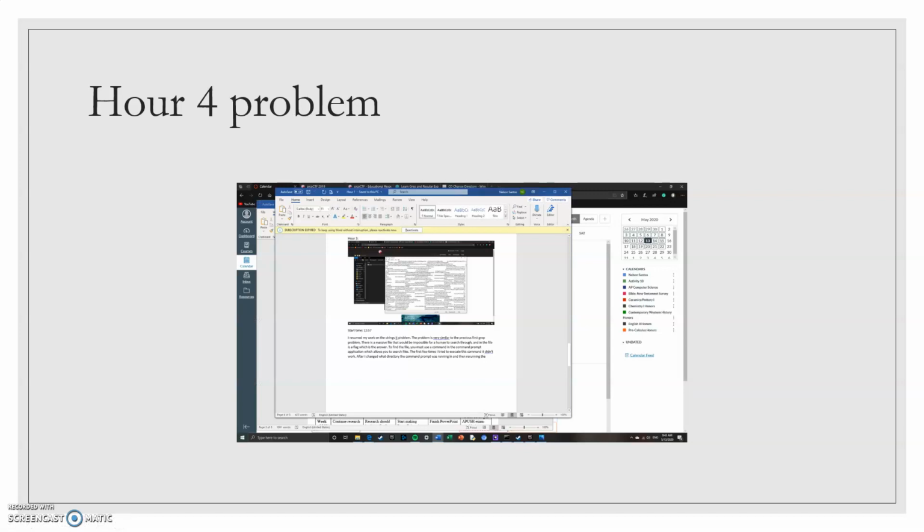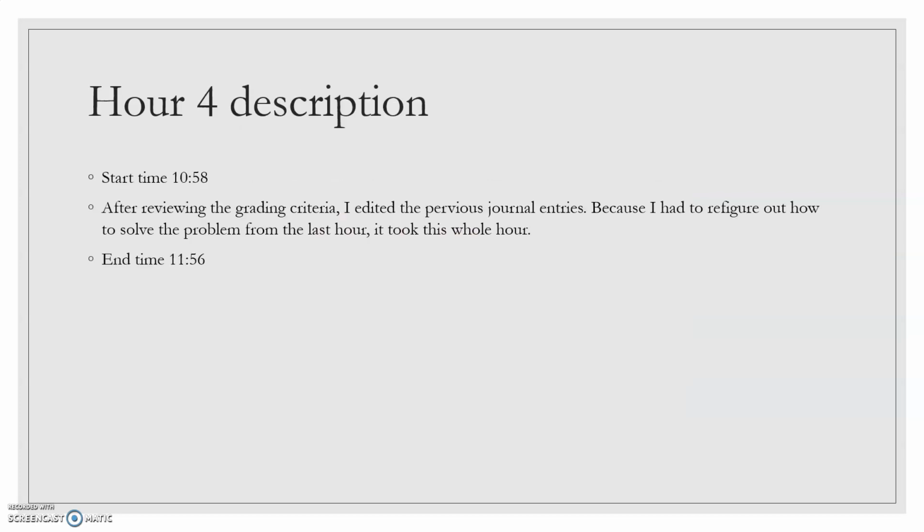Here's the hour 4 problem. You'll notice that this one, unlike the other one, is a Word document. It's just a screenshot of the previous one. That's because after I reviewed the grading criteria, I realized that many of the previous journal entries didn't match up with the grading criteria.